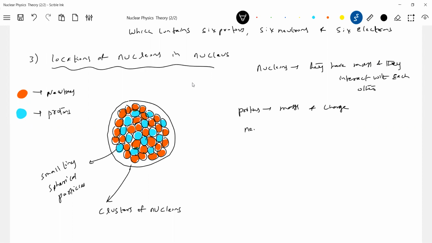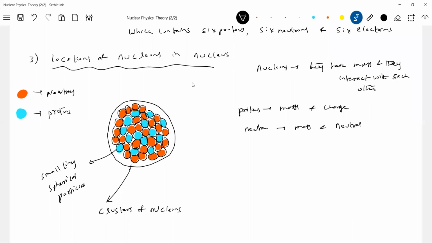What about neutrons? They have mass and are electrically neutral, not having any charge. So both protons and neutrons are fermions, and they obey Pauli's exclusion principle here.